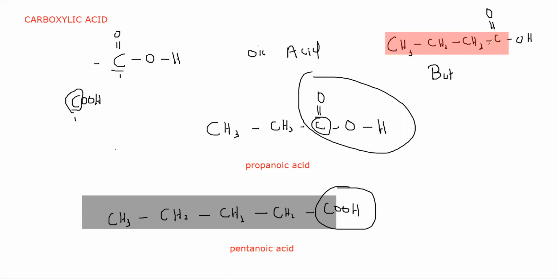We only look at the bond between carbons, not between carbon, oxygen, and other elements. Because it's a single bond, it is an. And due to this group, it will be oic acid. So this is butanoic acid. Is it clear?